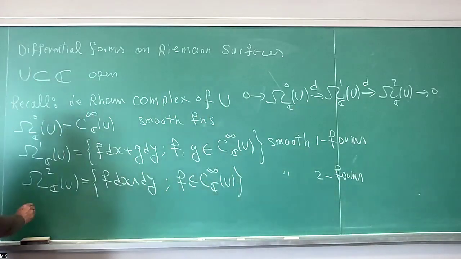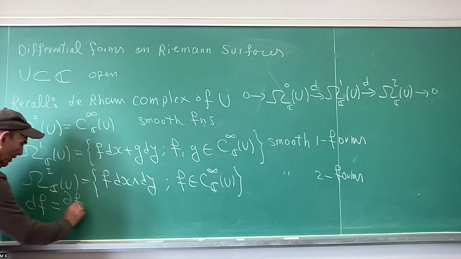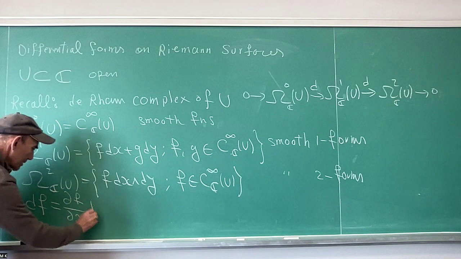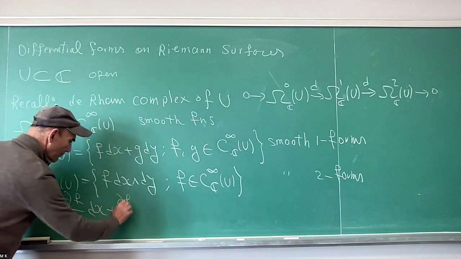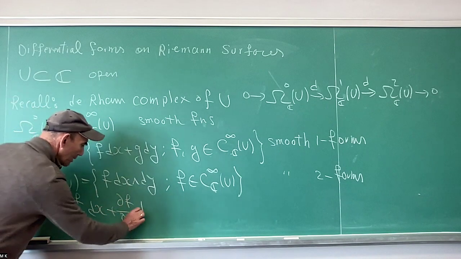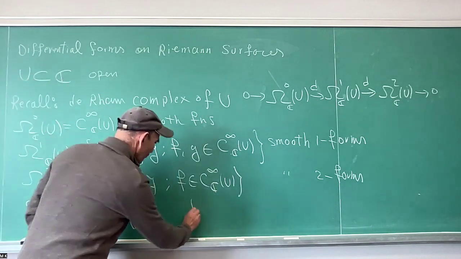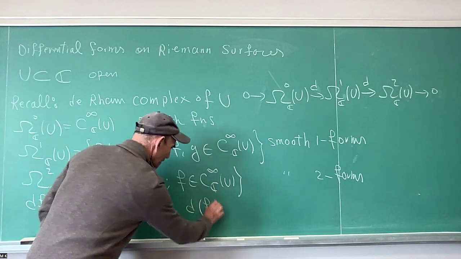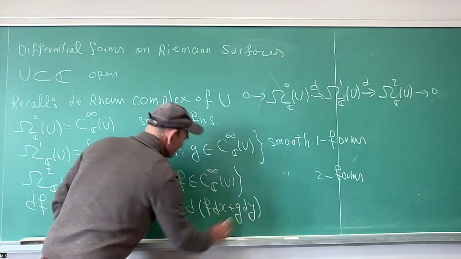So d of f, you said, is partial f partial x dx plus partial f partial y dy. And we have to define d of a one form, f dx plus g dy.